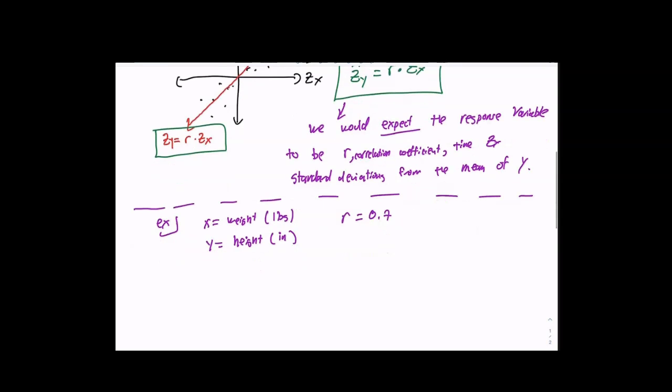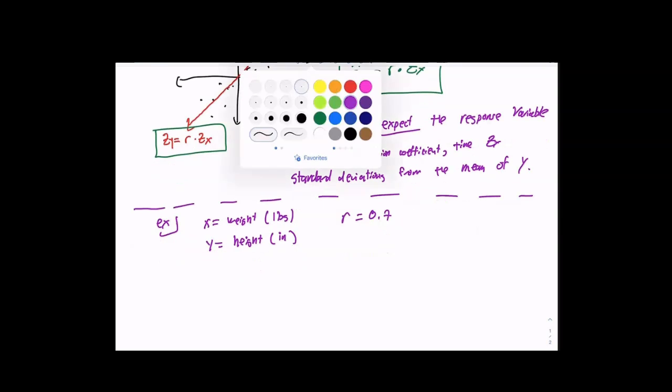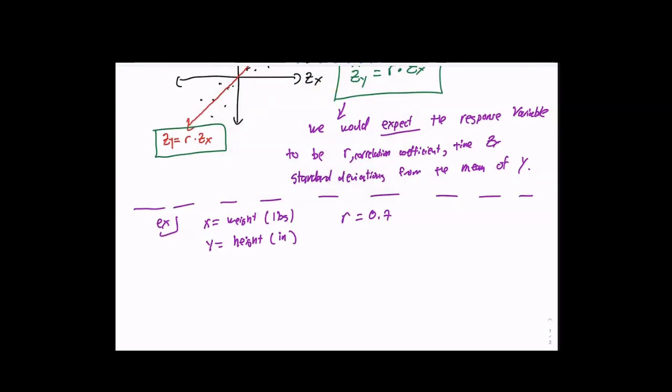The best way I can explain it to you is the following. If someone is of average weight, what would you expect their height to be?